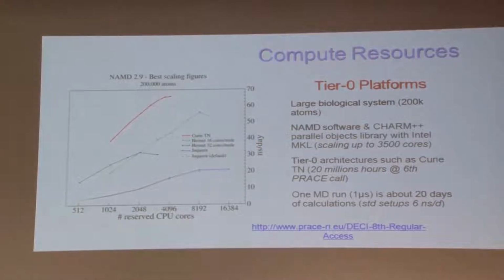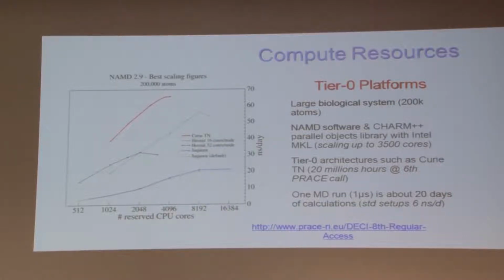In fact, as we have demonstrated here, using in-house optimized codes and first-class computer resources like those that we can access on the Curie thin nodes, if we run on about 3,500 cores, we can get performances of about 60 nanoseconds a day.